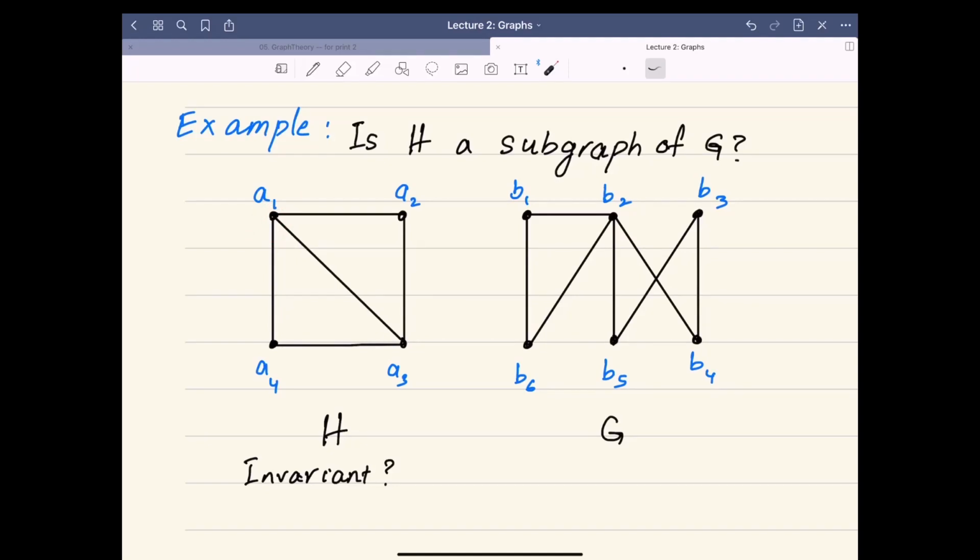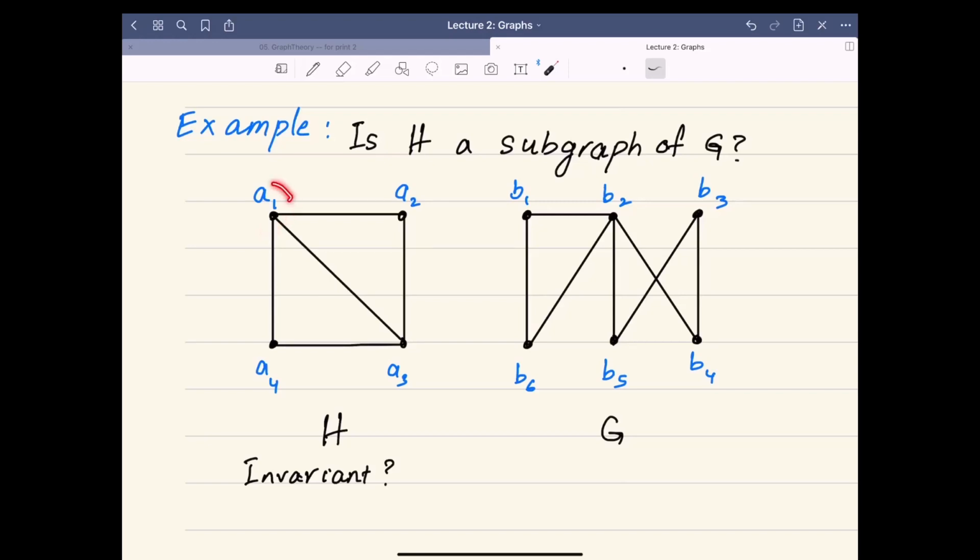What I mean by this: if I want to map this vertex, then you have to select a vertex that has 2 or more incident edges. So you have choices like this, and so on. But for this vertex, if you want to match it with any vertex in G, you have to find a vertex whose number of incident edges is 3 or above.